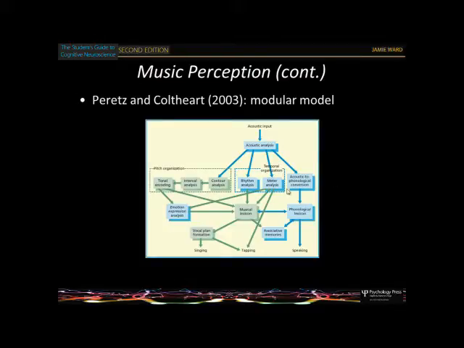Or tonal encoding would be that a piece of music played in minor is typically seen as being sad and something made in major as more happy, that you can make these judgments. Again, whether that's cultural or cross-cultural or something that's learned, we can debate. But there are certain features of music that map onto emotions, either because we learn them or because they're innate. So that's the basic model here.